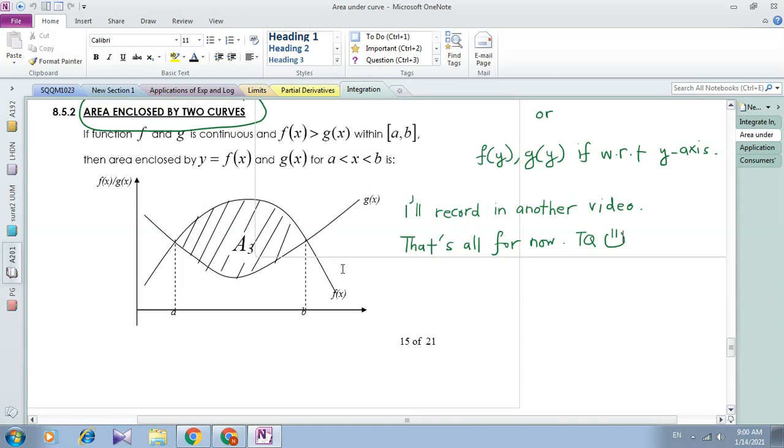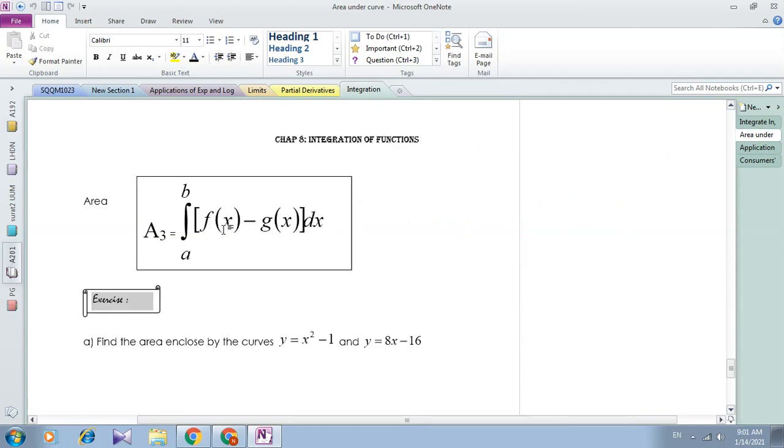When I say f(x), that means the variable inside the equation must be in terms of x. For f(y), that means the variable inside the equation consists of y only. You must have two functions.